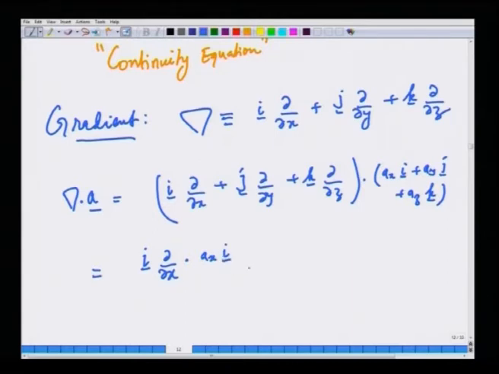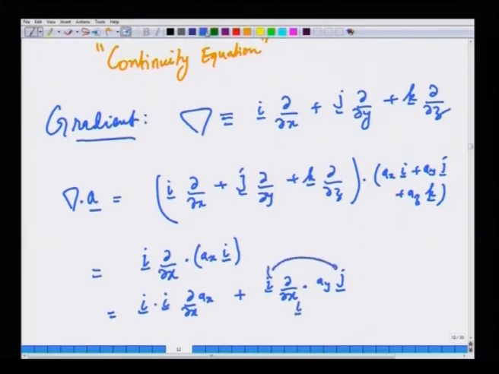So, when I do the dotting, I will get i d dx dot Ax i. Now, i is independent of x, the direction i is independent of x. So, I can pull i out. So, i dot i d dx of Ax plus, now if I take this term i d dx dot Ay j, now i and j are orthogonal. So, i dot j is 0. So, we will not get any contribution.